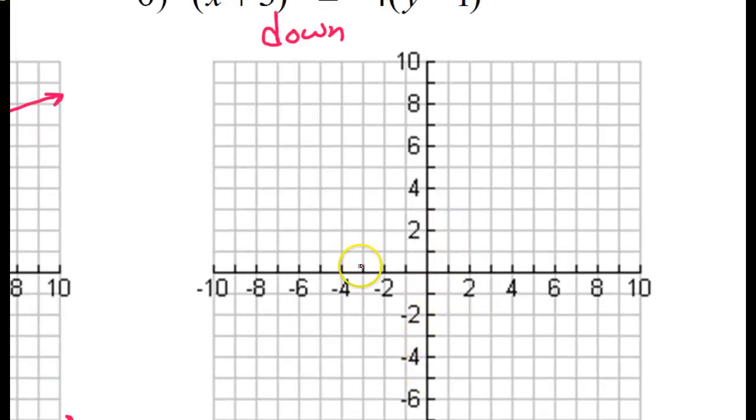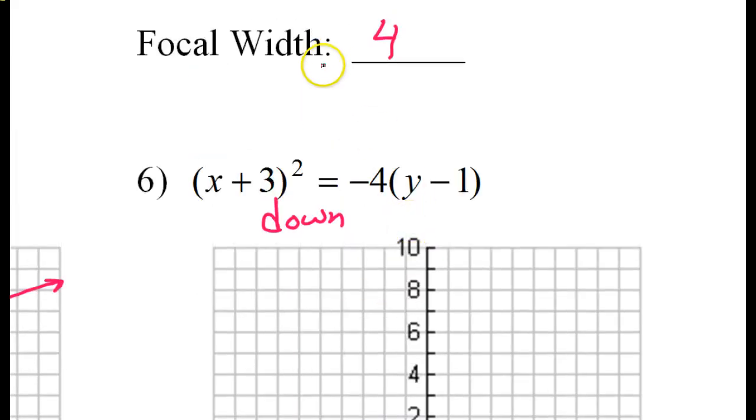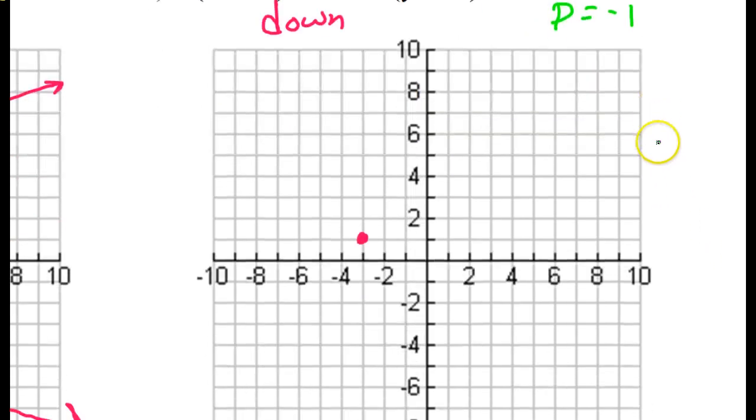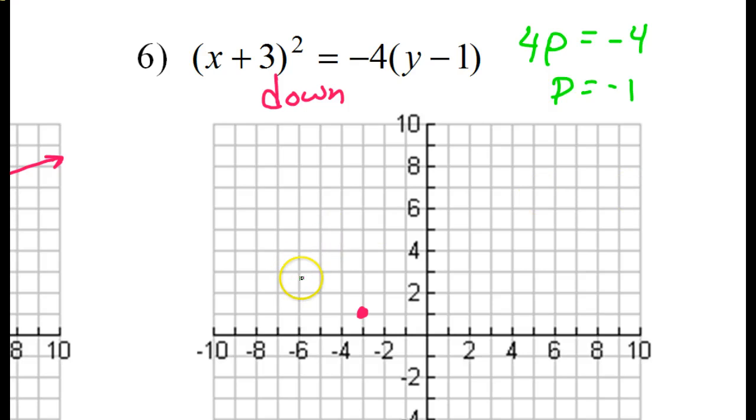Now I need that p-value to get the focus. So I know that 4p is going to equal -4. That means p is -1. So that means I'm gonna go 1 down, like we said. Okay, so that puts my focus there.